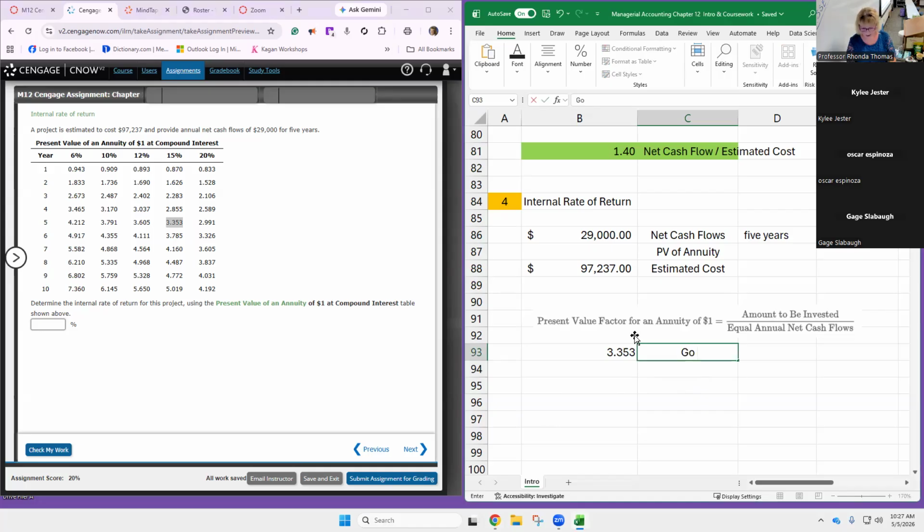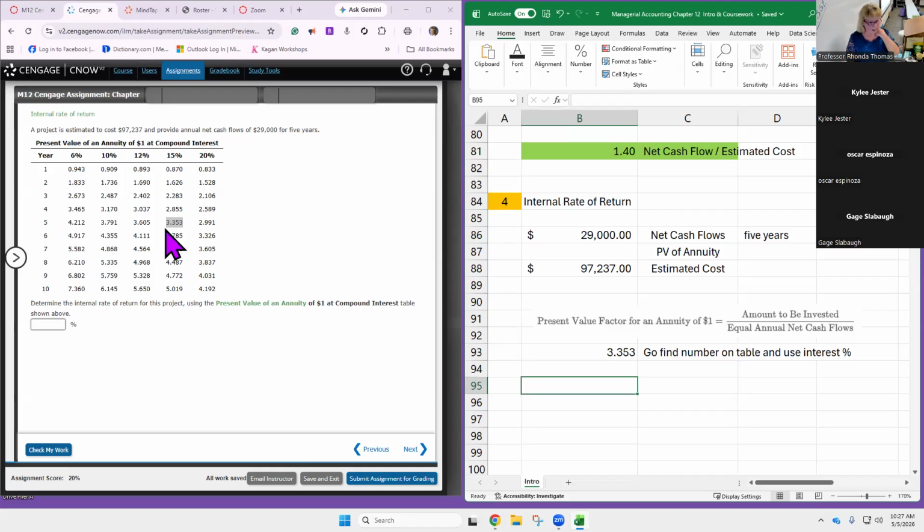It's whatever column that number is. So go find the number on the table and use the percent above, and that's going to be the interest percentage. Okay, so that's how you do this. Sometimes you just have to estimate between two.